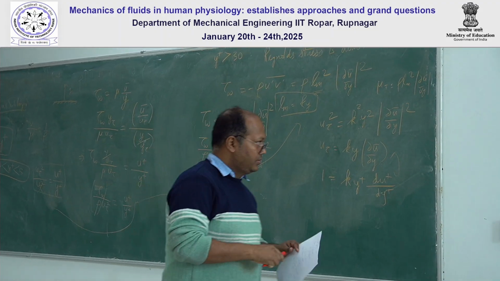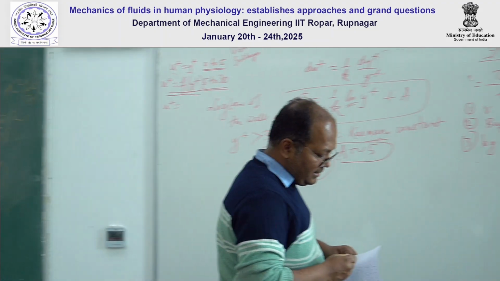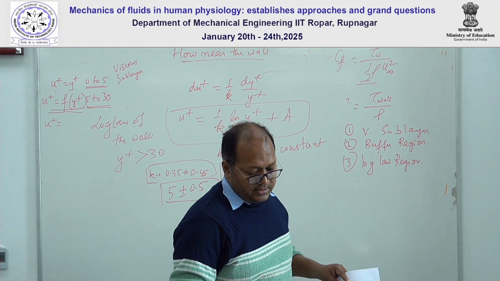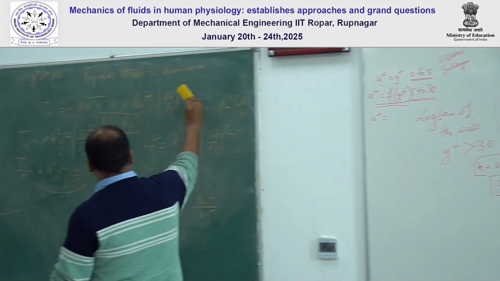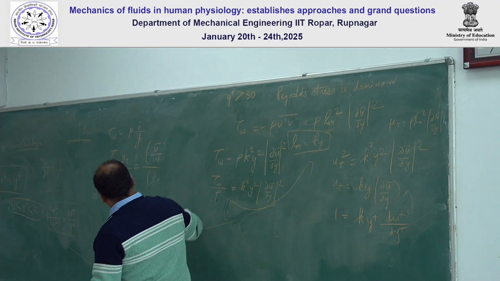Okay, so this derivation is just done assuming that the wall is very smooth. Sometimes there can be flow over very rough walls.